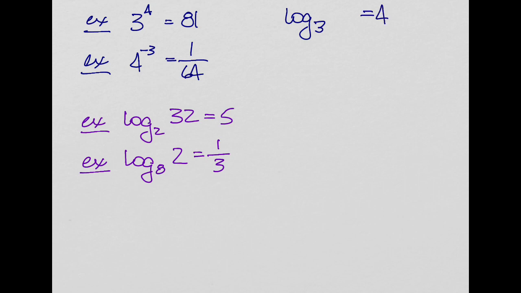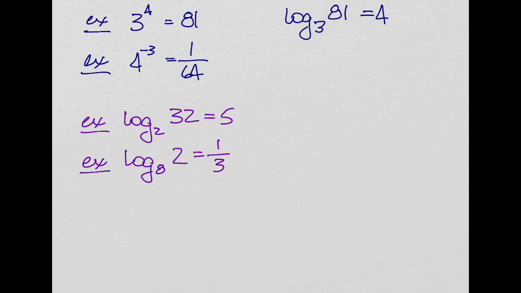So I got the base, I got the exponent, and then I have this third number here, 81, that becomes the argument of the logarithmic statement. These two give exactly the same information. 3 to the 4th power equals 81. Log base 3 of 81 equals 4. It just looks a little bit different. Everything's in a little bit different place, but they mean the same thing.